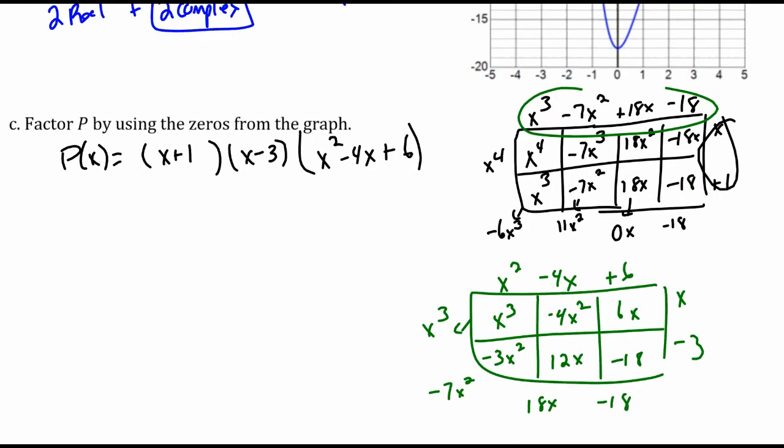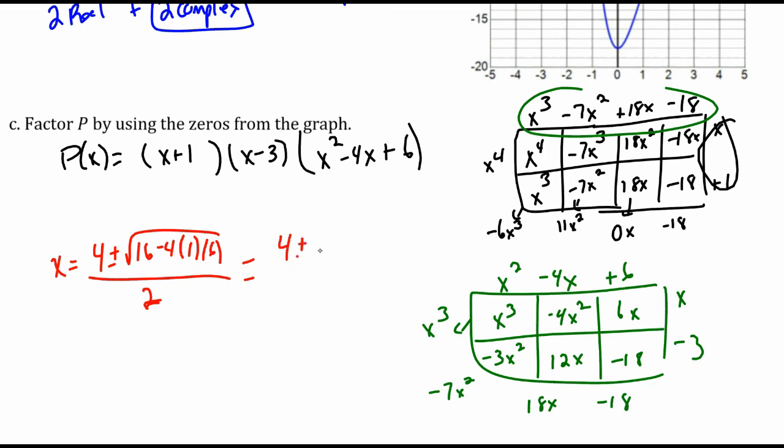I'm going to jump right to using the quadratic formula and say x equals negative b plus or minus the square root of b squared minus 4ac all over 2 times 1. 16 minus 24 is the square root of negative 8 over 2.